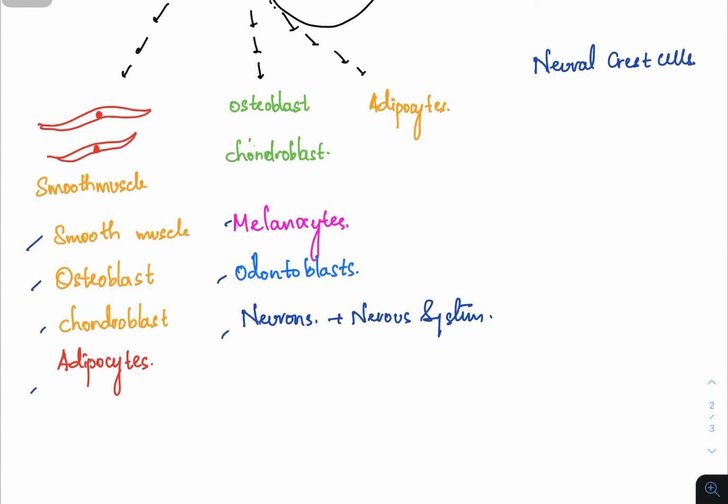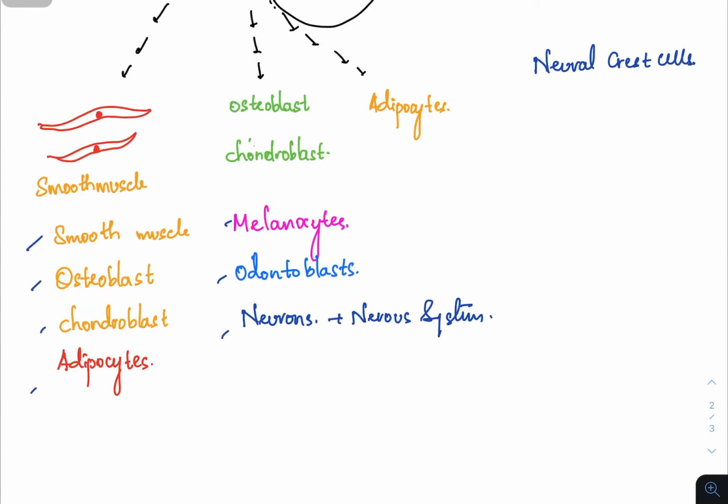They form the nervous system of your gut. What do I mean by that is, for example, let us take an example like this is your ectoderm, right, which I already mentioned. So this entire thing is your ectoderm.